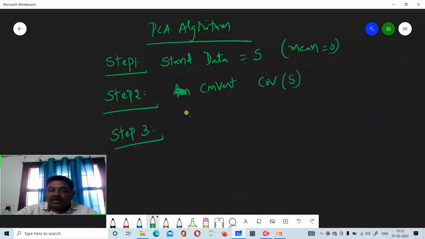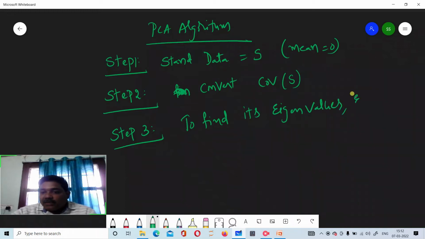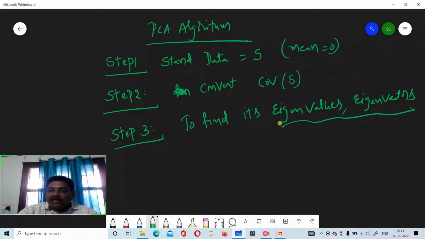Once you have the covariance matrix, step 3 is to find the eigenvalues and eigenvectors. Why eigenvalues and eigenvectors? This is a very important phenomenon we'll discuss later. They are very important in the PCA algorithm and also for data representation. Once we find the eigenvalues and eigenvectors of the covariance matrix, step 4 is to identify the principal components.